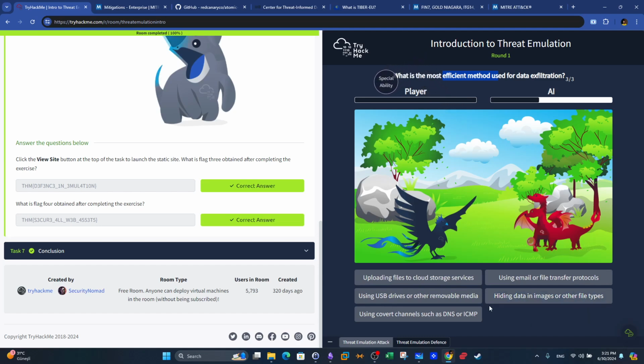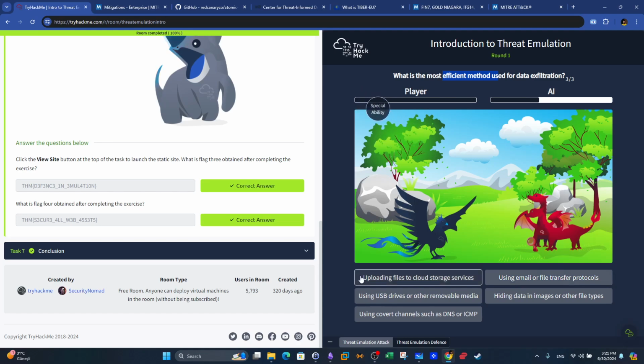An image of size 1 megabyte cannot hold data worth 1 gigabyte. Using email or file transfer protocols, totally not efficient, because email is strictly censored and monitored in any organization. There are limitations on the size of files or attachments that you can use here.